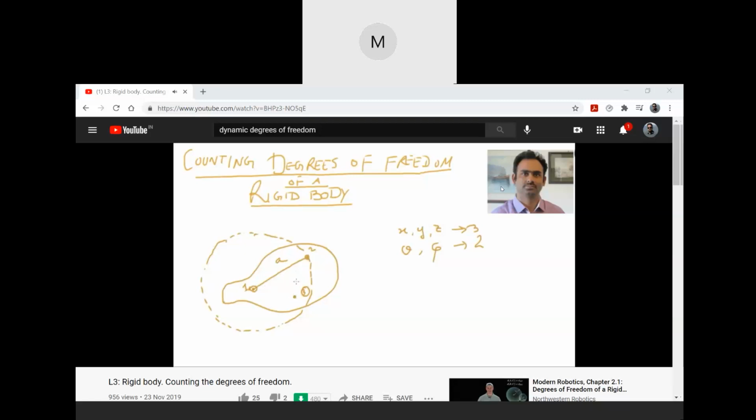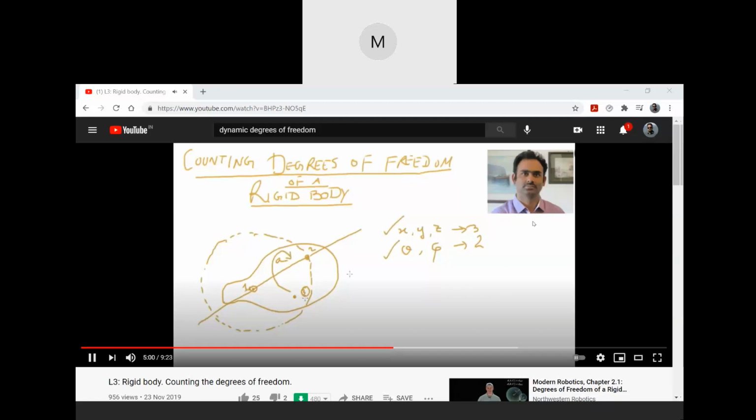You could clearly rotate this entire body about this axis. If you do that rotation, your point 1 will still be here, your point 2 will still be here, but all the other points apart from the ones on the axis will change their position. So clearly, the entire body is not yet fixed in space by just specifying these two.